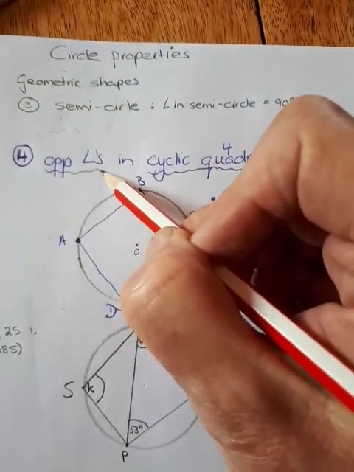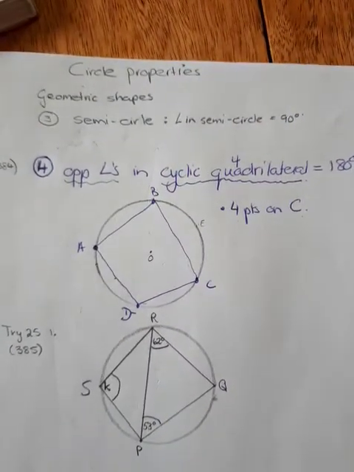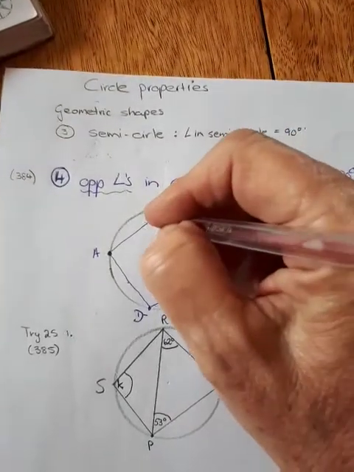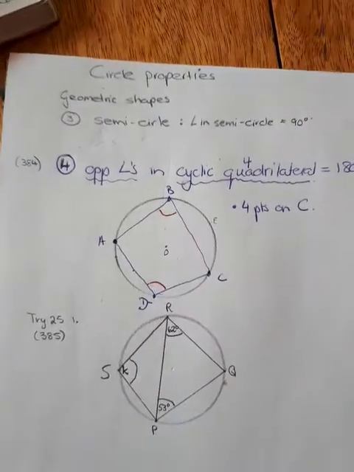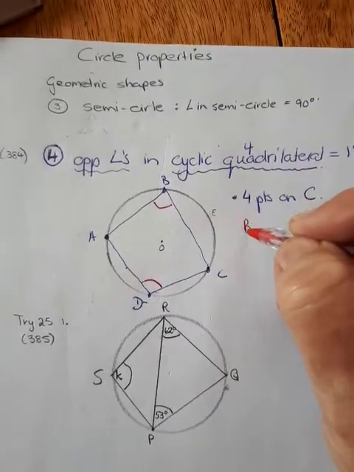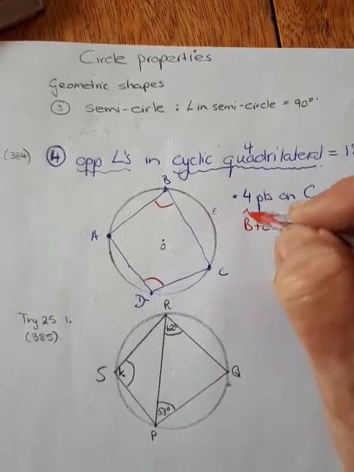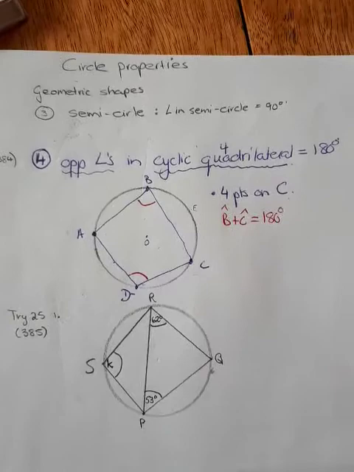Opposite angles. So we know that B lies opposite D. So if I add angle B to angle C, I will get 180 degrees.